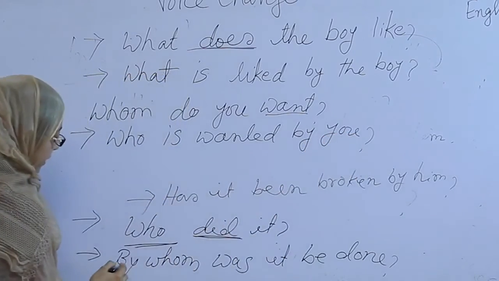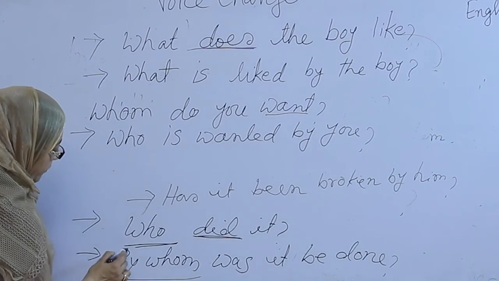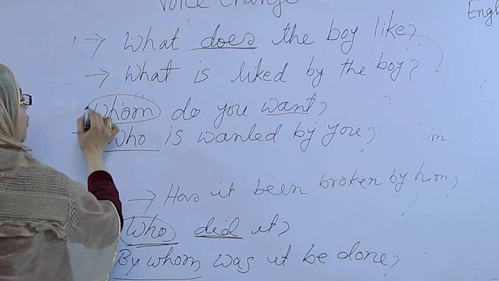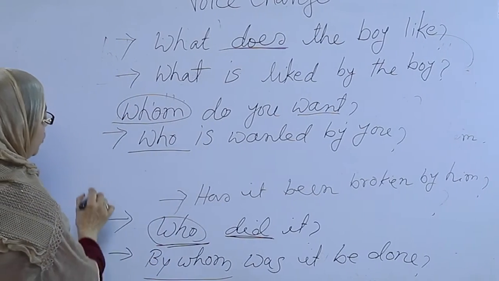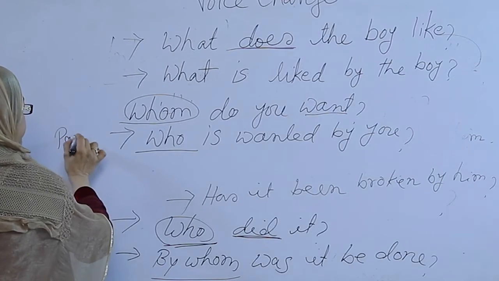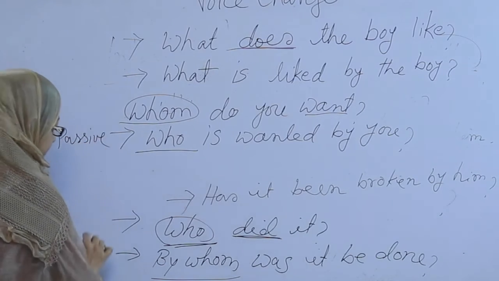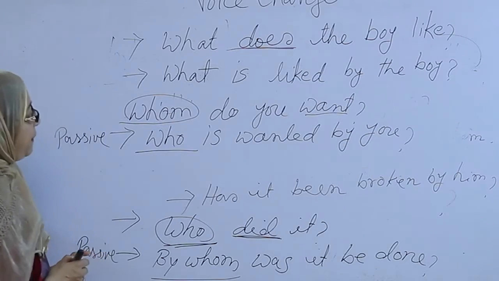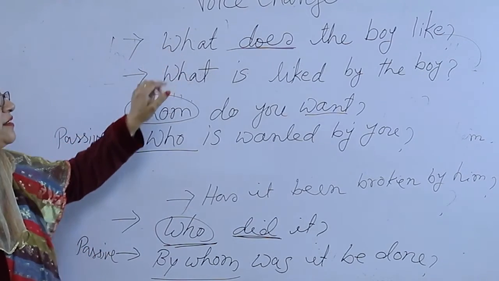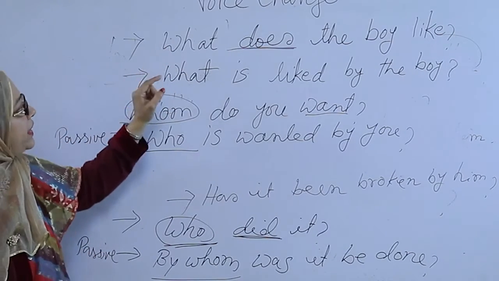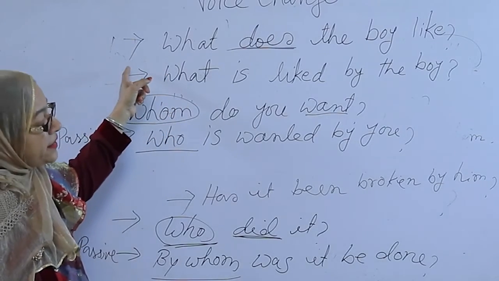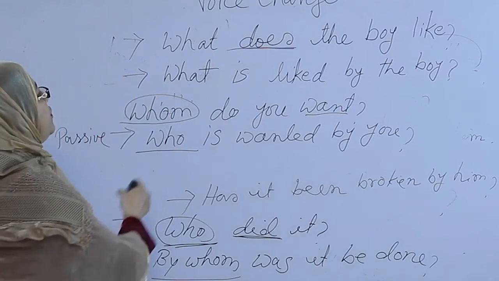So, look at the board. I use by whom instead of who, and who instead of whom, when I turn it into passive. But what, when we turn it into passive, we do not change.